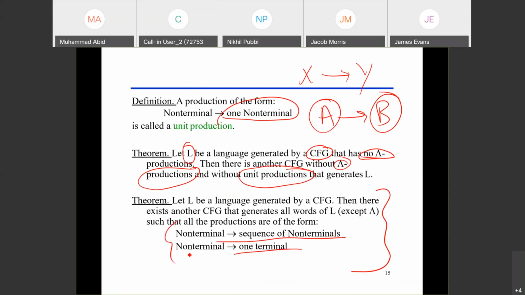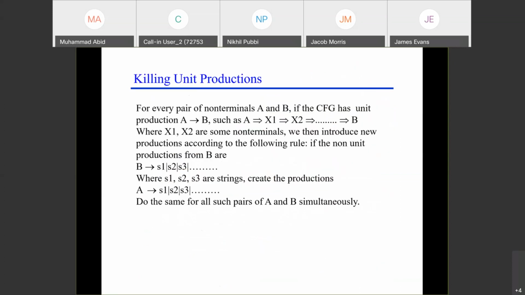So then you can convert that into the unit productions. Okay, so now we see how we kill the unit productions. I think that when I show you the example of this, then you will be in a better position to understand this. So I want to skip this slide and go to the next slide where we see the example, and then I will come back here.